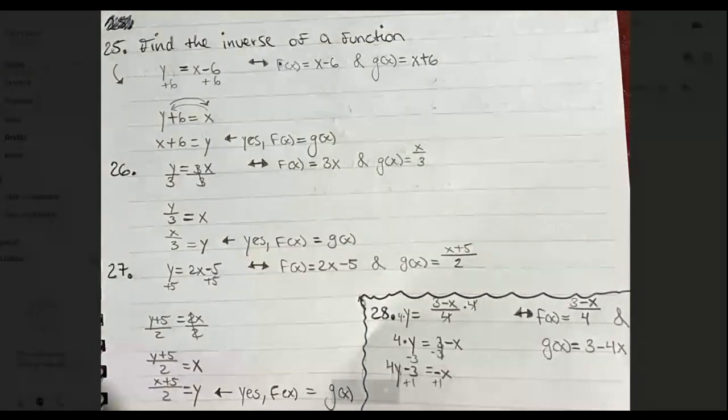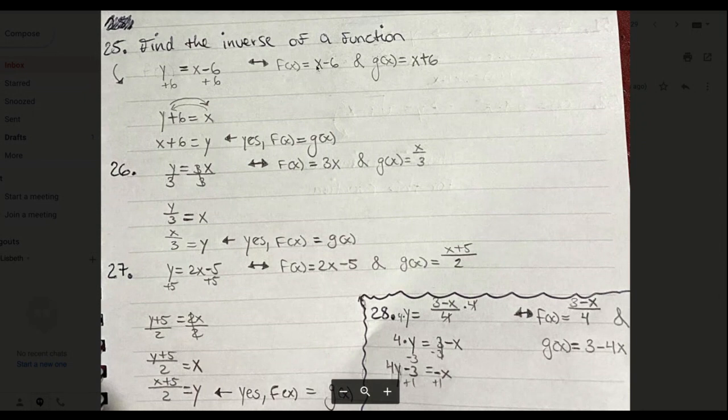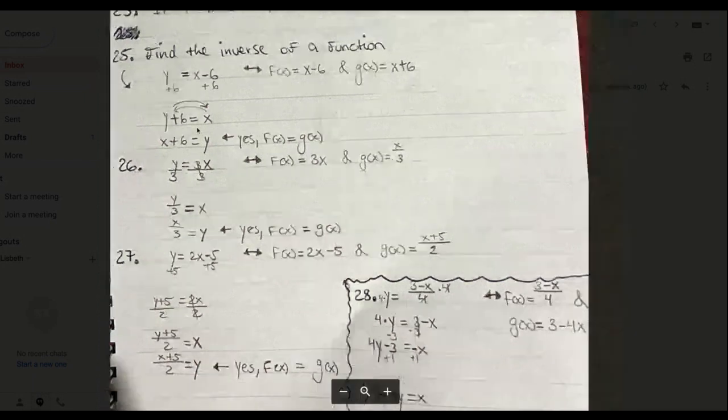So first, it was given f of x equals x minus 6, and we want to know if that f of x equals the g of x. So first, I replaced the f of x with y, and then did the inverse operation by adding 6 on both sides, and then crossing that out.